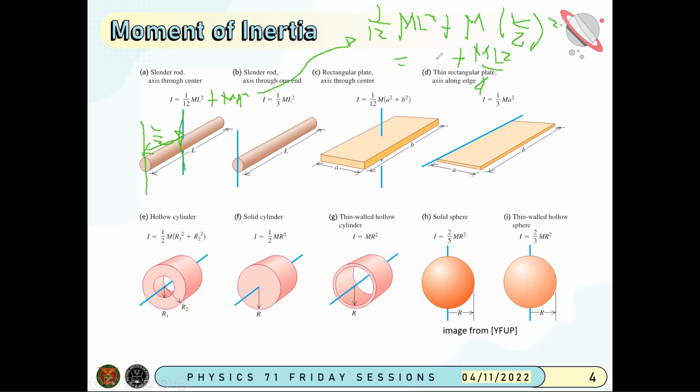And what's 1/12 plus 1/4? That is 1/3. Tama ba? 1/12 plus 1/4. Yeah, 1/3. So makuha mo dyan. So magiging 1/3 ML squared.